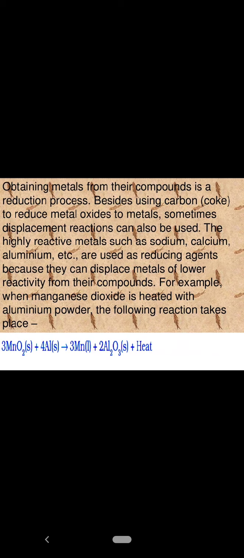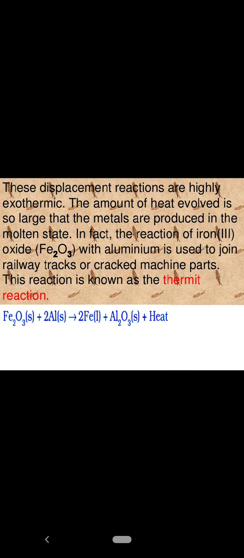For example, when manganese dioxide is heated with aluminium powder, that is, 3 MnO2 reacts with 4 Al, then we get 3 Mn, that is manganese, along with 2 Al2O3, aluminium oxide. Can you identify the substances that are getting oxidized and reduced?